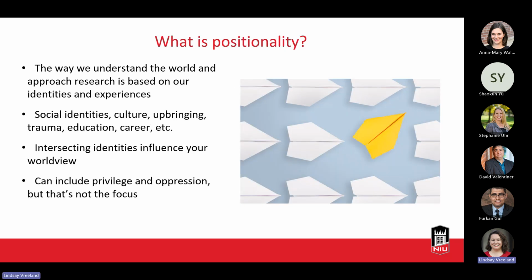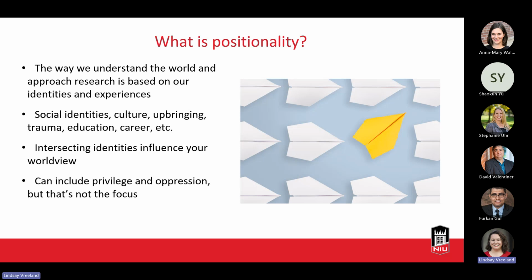So, what is positionality? Positionality is essentially the way that we understand the world and approach research. And that's all going to be based on our identities and experiences. So, this is aligned with those of us that come from methodologies backgrounds and might talk a lot about methodologies in our research.